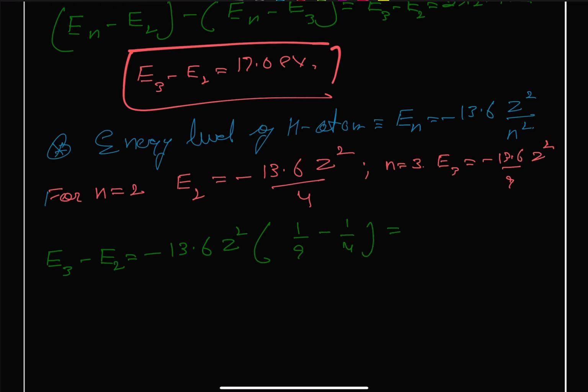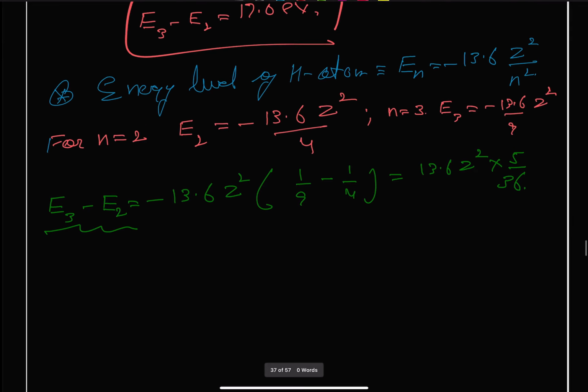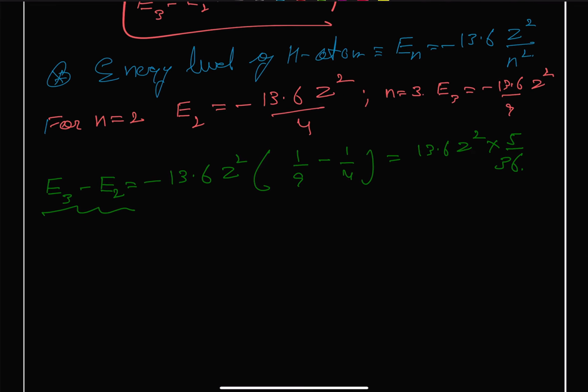This gives us 13.6 Z square multiplied by 5 by 36, and this difference is already known to us, that is 17. So we substitute it, we get 13.6 Z square multiplied by 5 upon 36 equal to 17.